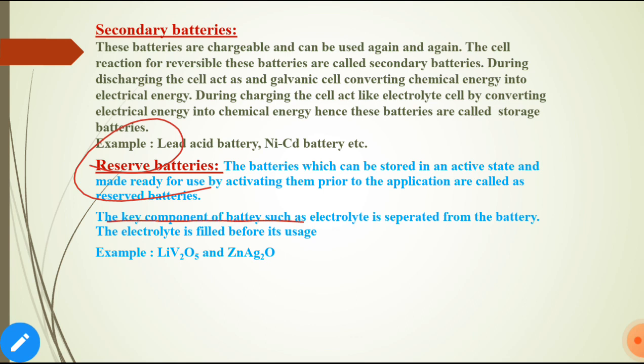The key component of the battery, the electrolyte, is kept separate and is filled in before usage. Examples of reserve batteries are lithium vanadium pentoxide and zinc silver oxide.